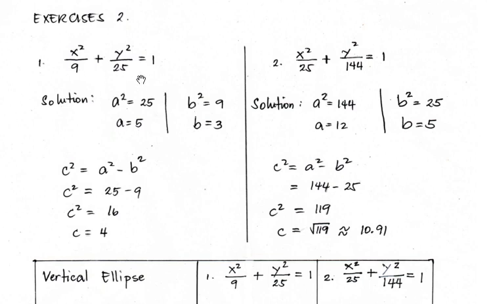So the greater is a squared. So a squared equals 25. A is 5. B squared is 9. B is 3. Solving for c squared equals a squared minus b squared. C squared equals 16, giving us c equals 4.